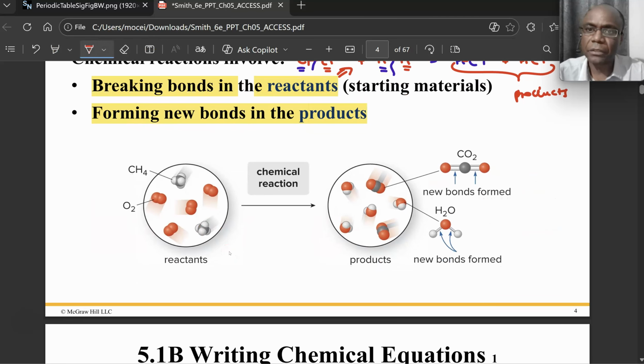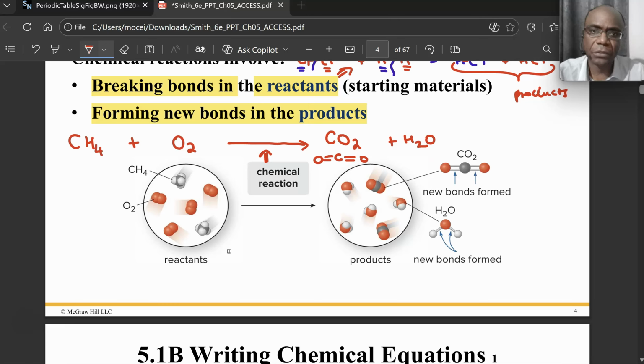Another example is shown down here of a chemical reaction. Imagine CH4 methane reacting with oxygen gas. This is an oxidation reaction because you are adding oxygen to the carbon. Now, if these two are reacting, a chemical reaction happening to give us CO2 and water, you can tell that we ended up with completely different substances.